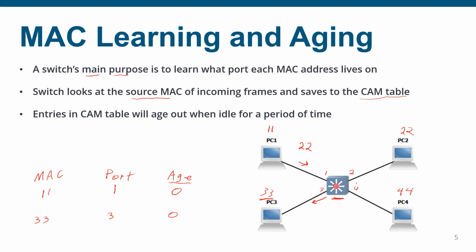So it will proceed to flood out that message to all of the other ports in the same broadcast domain to make sure that PC2 receives that message. Once PC2 responds, the switch will now know, once again, that PC2 lives on port 2 and will proceed to have an age of 0 seconds.